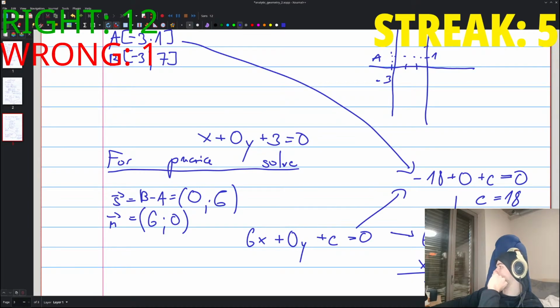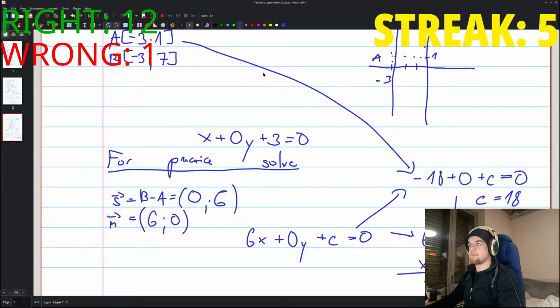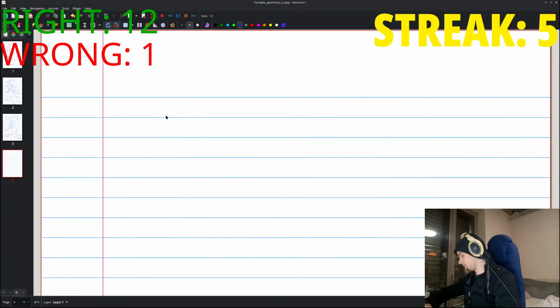Okay, so the k is the tangent of alpha. Let's just quickly do it and maybe I'll remember it during the exam.